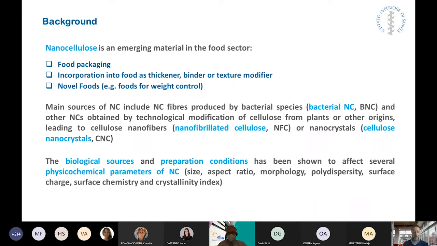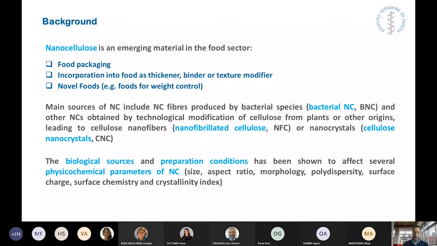There are different sources of nanocellulose, and actually nanocellulose may come in 3 different forms depending on the source. These may be bacterial nanocellulose or nanofibrillated cellulose or cellulose nanocrystals.